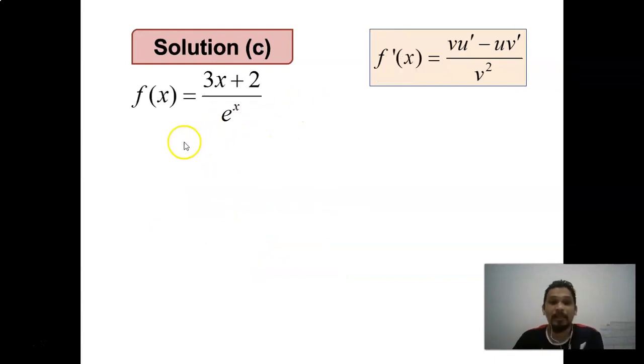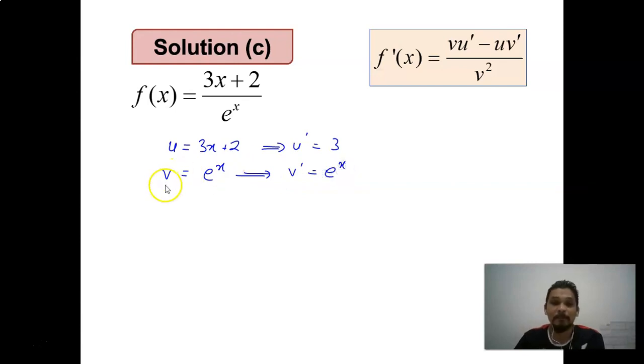Okay, now we are going to use this, and this is our reference here. Let u equal 3x plus 2, then u prime equals 3, v equals e to the power of x, and v prime equals e to the power of x.